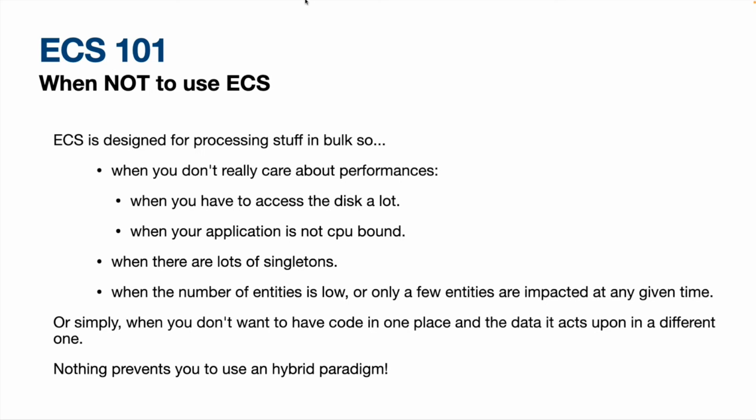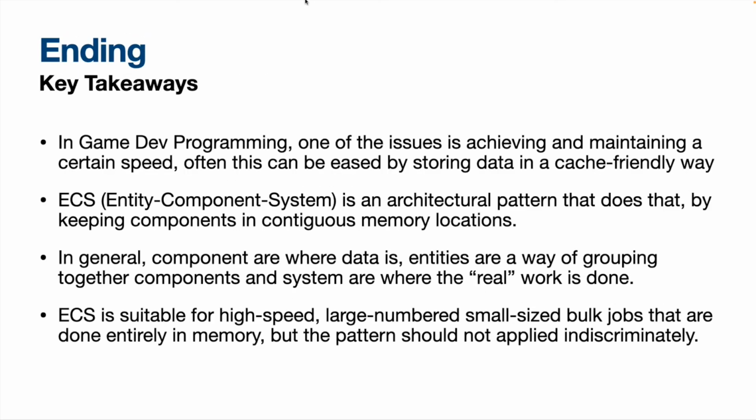So this kind of ends my presentation. Now, if you want to go home without having heard anything about my presentation till now, these are the major key points. In game dev programming, what you usually want is speed, and one of the ways to achieve it is to be as cache friendly as possible. There is this architectural pattern, ECS, that does exactly this.